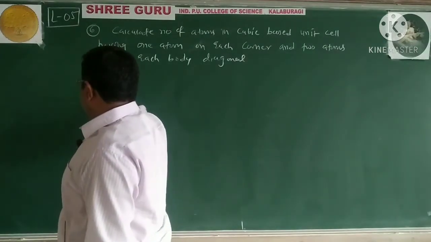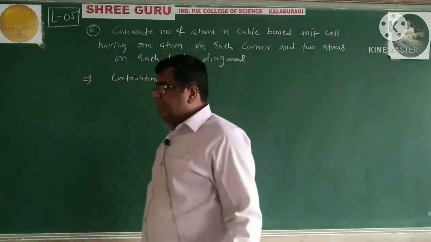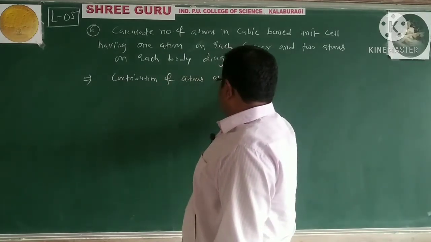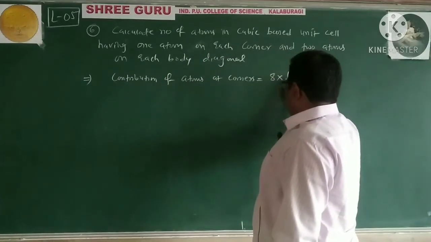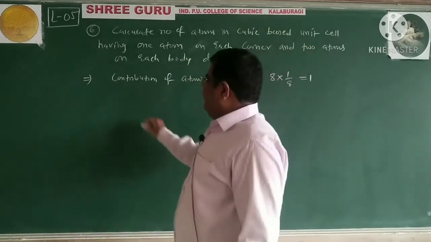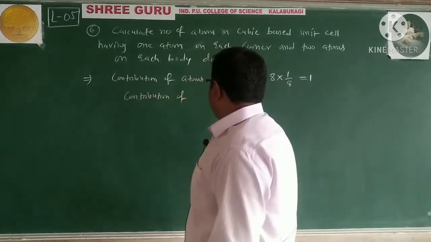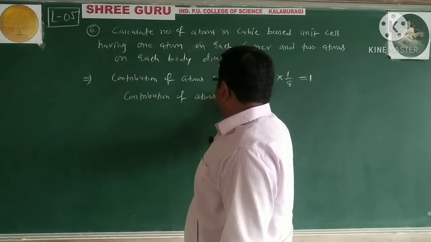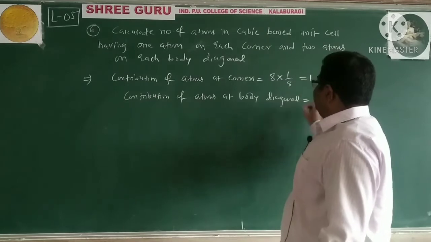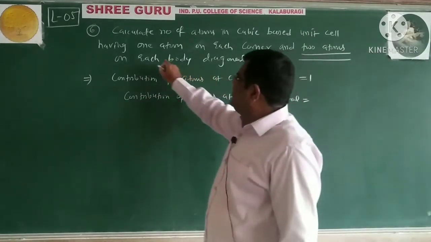So we can say that contribution of atoms at corners: 8 into 1 by 8 equals 1, and contribution of atoms at body diagonal: 2 atoms are present on each body diagonal.